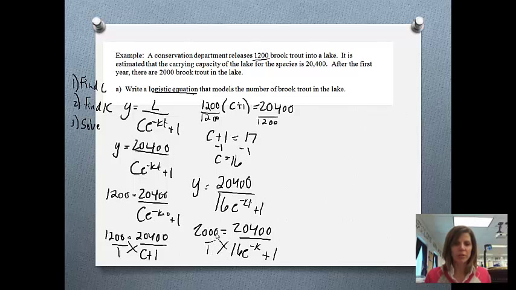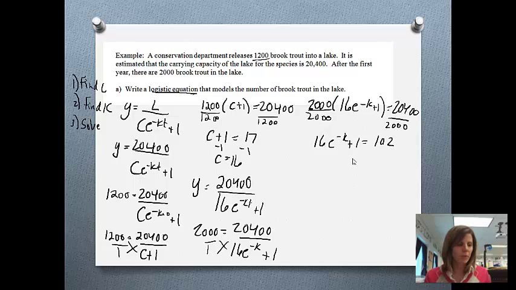Again, I'm going to cross multiply just like when finding C. We get 2,000 times the quantity 16e to the negative k plus 1, and that equals 20,400. I will divide both sides by 2,000, and I get 16e to the negative k plus 1 equals 10.2.